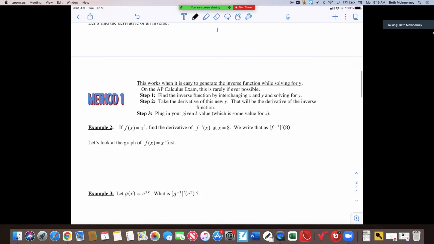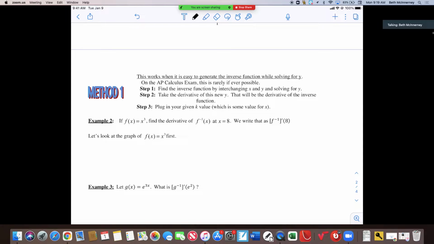So if f of x in example 2 is x cubed, and we want to find the derivative of the inverse of x at x equals 8, we can write this one of 2 ways. We can do f inverse in a grouping symbol to the derivative of 8. That's like how you write the derivative of an inverse. So watch what we're going to do.